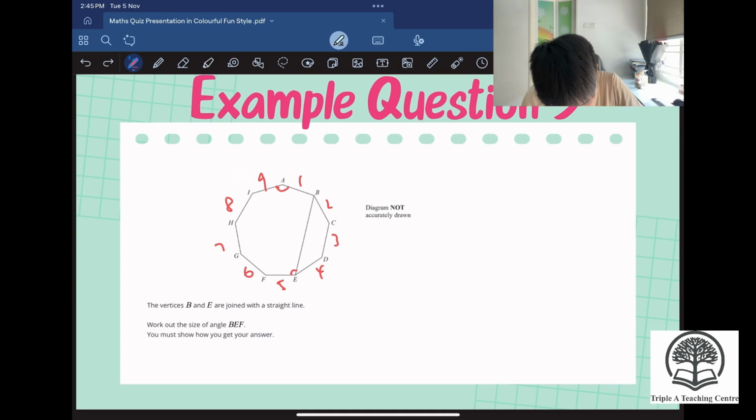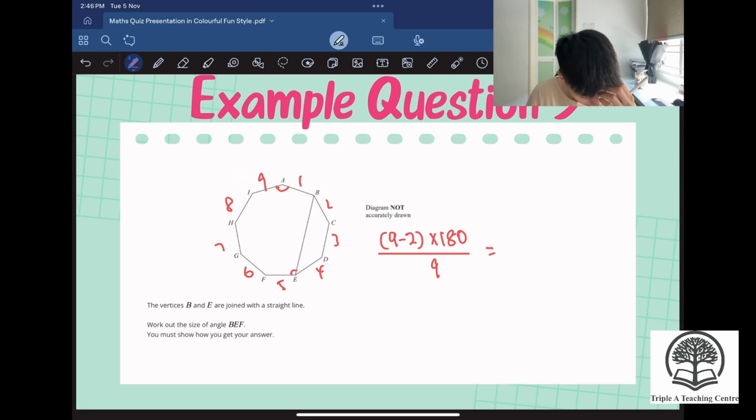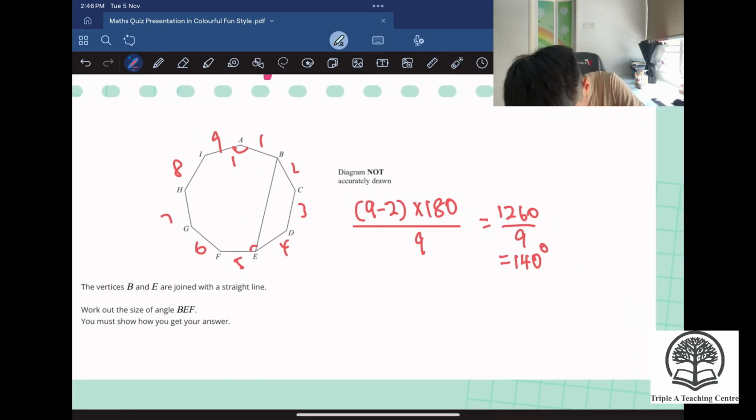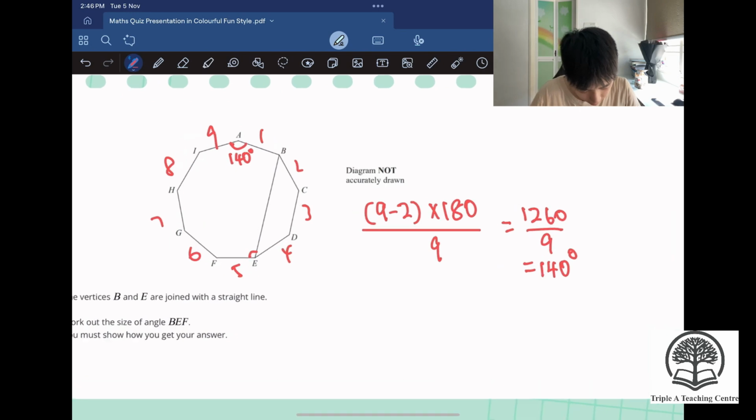So I will start by solving the value of a single interior angle by using a similar formula to the question we did before. n minus 2 times 180 divided by n. So that would give us 1260 divided by 9, which means that it is 140. So a single angle here has a value of 140 degrees.